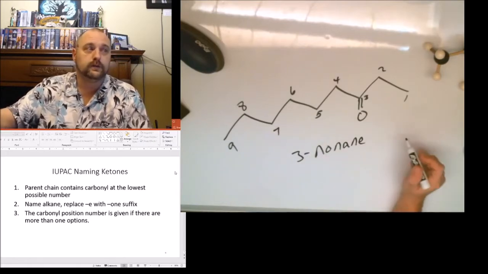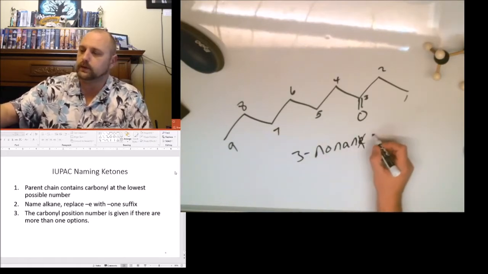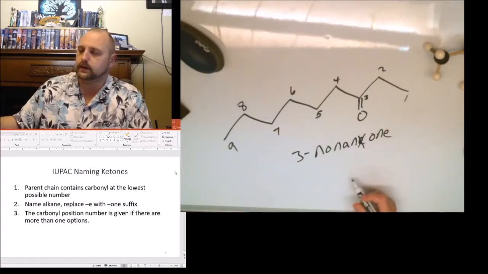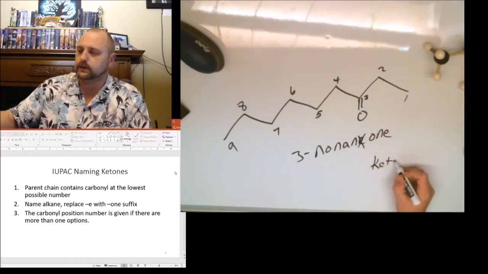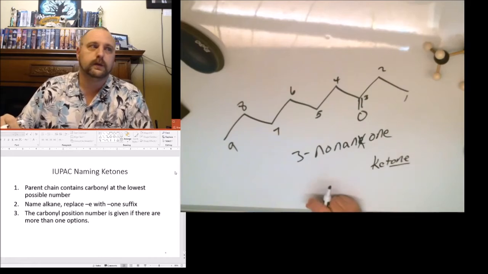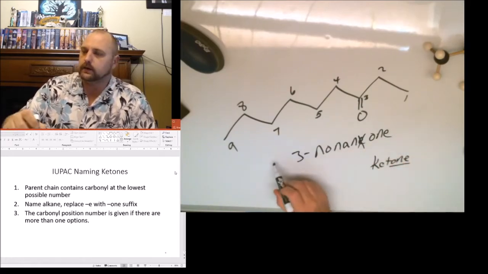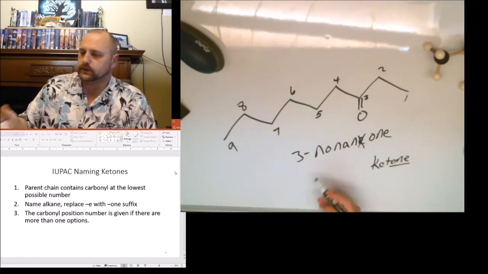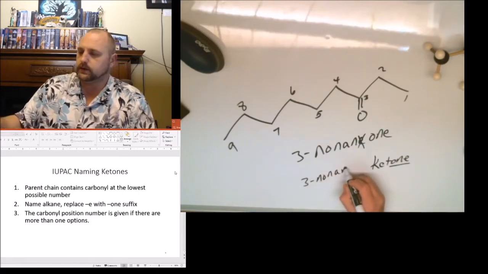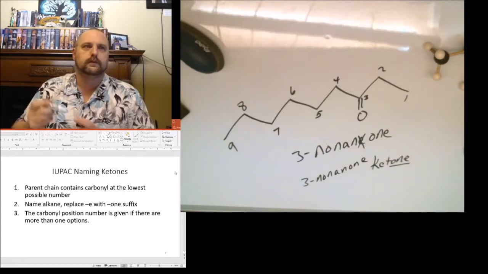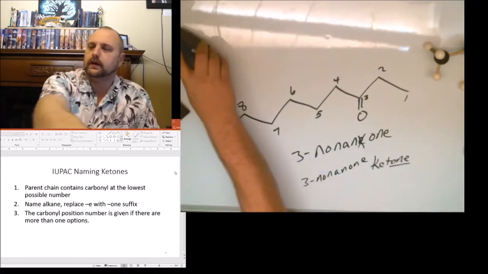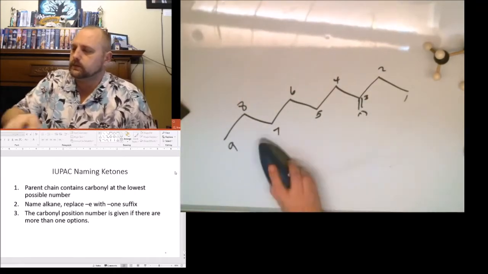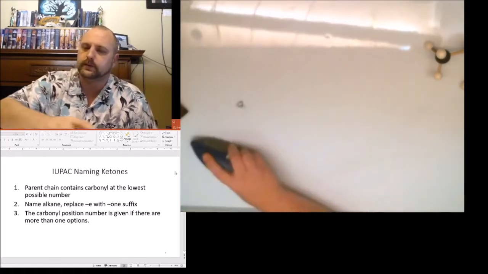Then I need to replace this E with ONE, as in ketone. That's pretty much it. This is 3-nonanone. That's always a fun one to say. Not too bad. Lowest possible number.